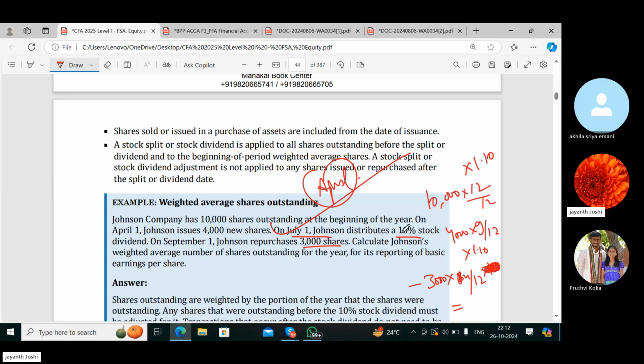This 10% is only applicable from the beginning of the year, only to events before this. But how can I give retrospective effect of 10% to September 1? I can't, right? When this has happened in the month of July, correct or wrong? Yes. That's what retrospective means, as if things happened from the beginning.